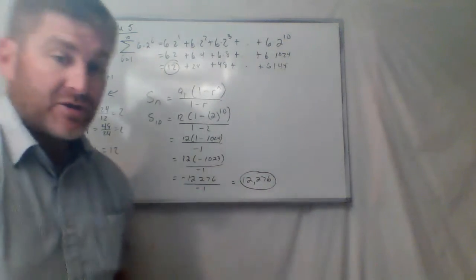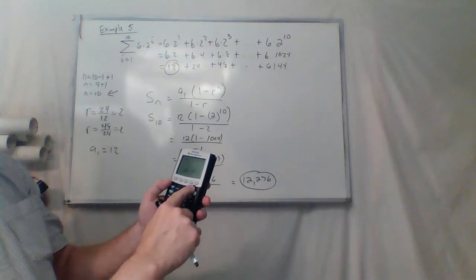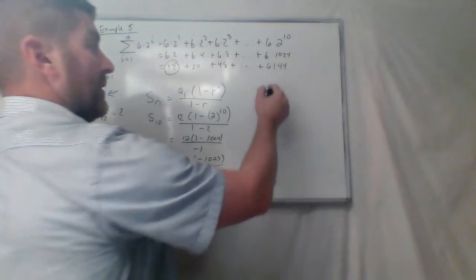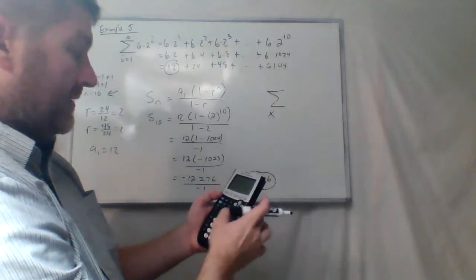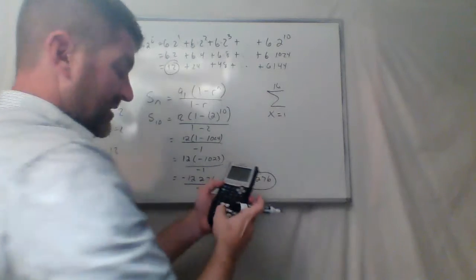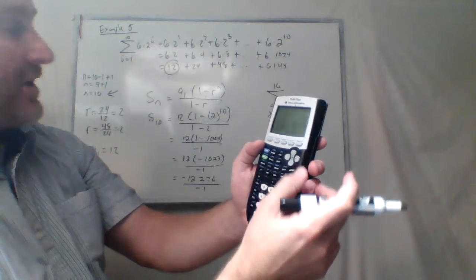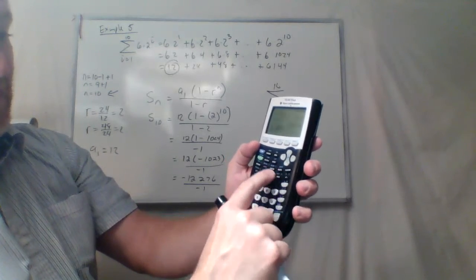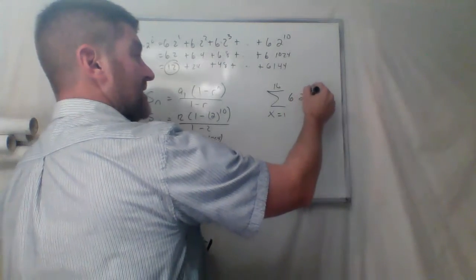All right, and we could use the summation button on our calculator: math, go to summation. I'm going to pick x for my variable, equals 1, and go up to 10, so I type 10 in my numerator, and then for my expression, I put 6 times 2 to the x power, because I chose 2 to the x on my calculator.